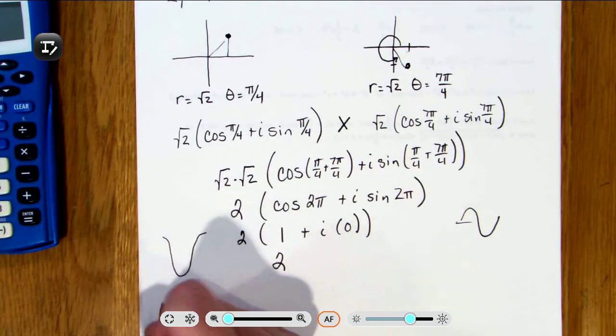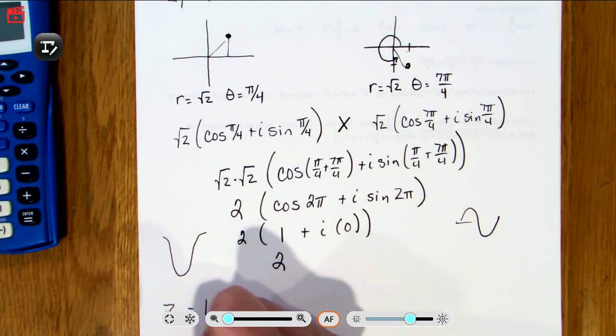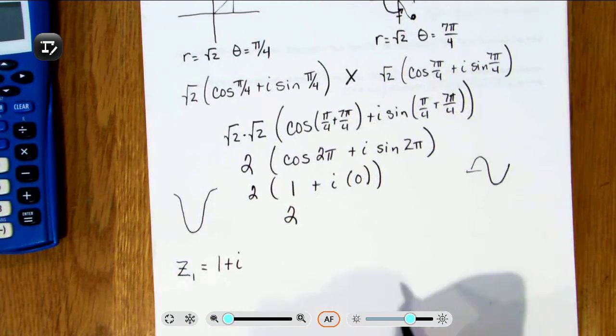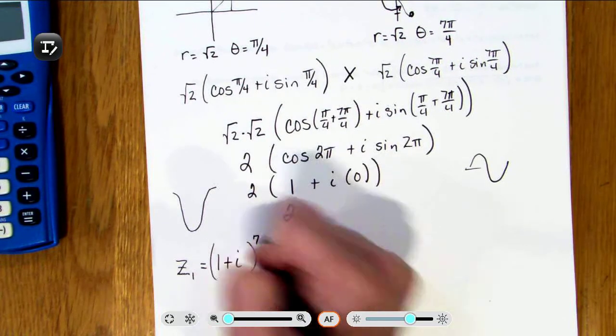However, let's say I wanted to take z, which is that 1 plus i, and raise it to the 7th power.